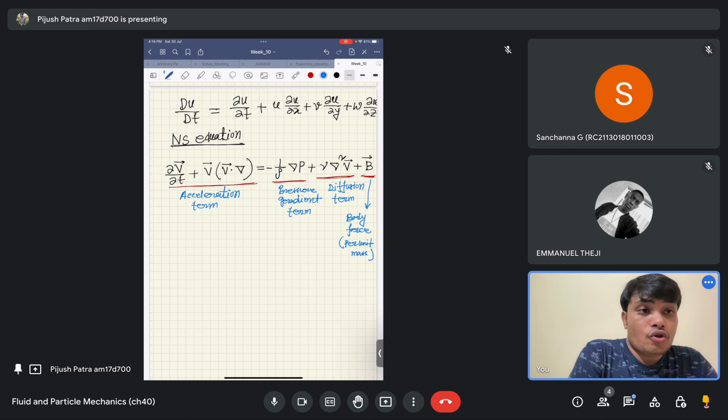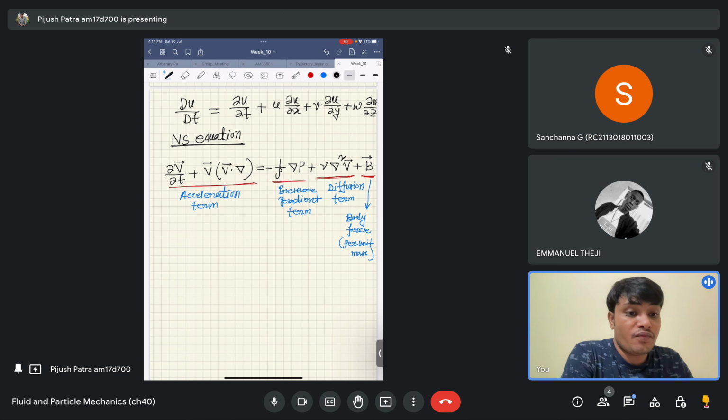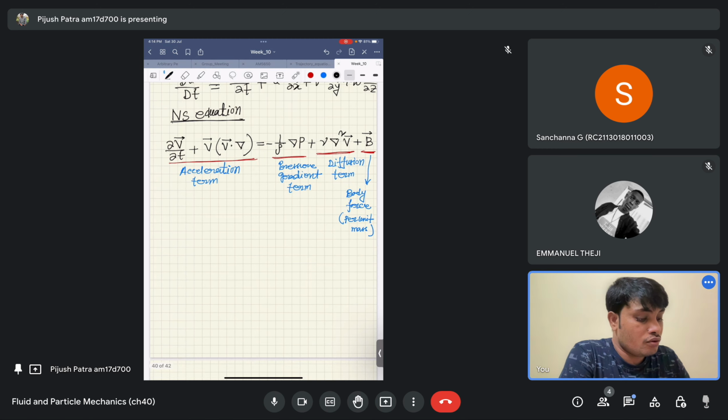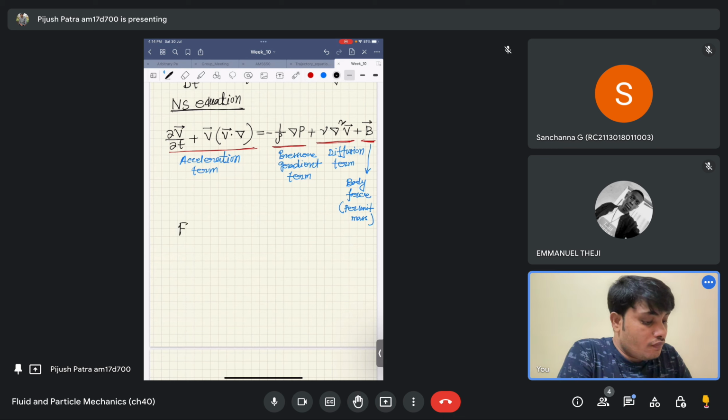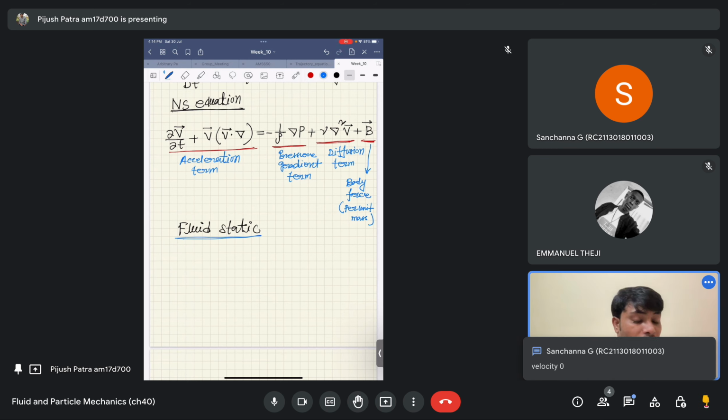So what will this equation be if I consider a static fluid? For fluid static, the velocity is 0, definitely, because the fluid is stationary.